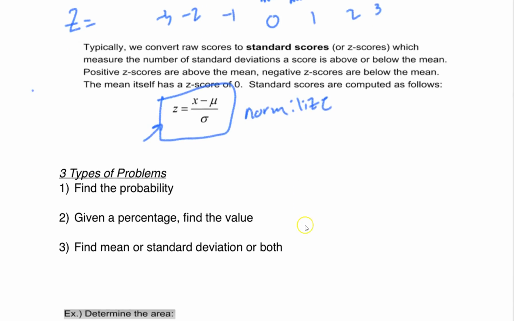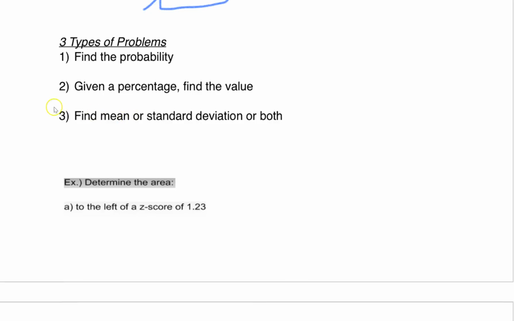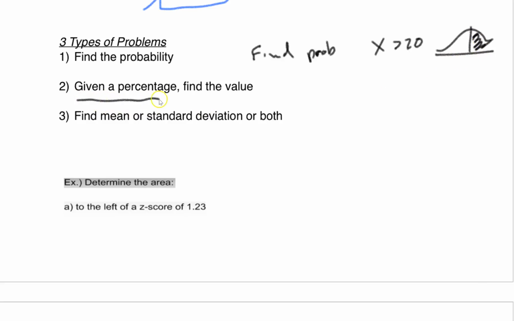Now when we talk about normal, there's generally 3 types of problems. One way to say it is find probability. Someone says something like find the probability that you're greater than, I don't know, 20, right? And then you plug in, we'll talk about it in a second, but you plug in your calculator. It helps if you shade it, and you find it. The next one's I give you a percentage, and you have to find the value.